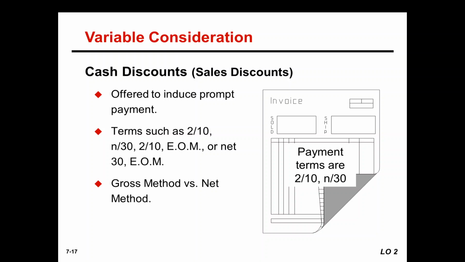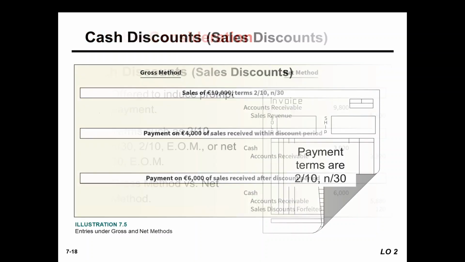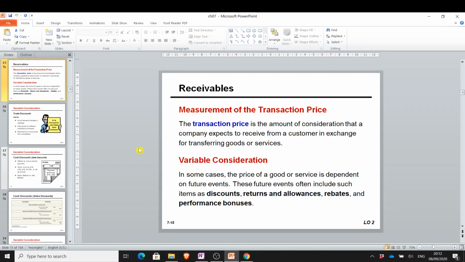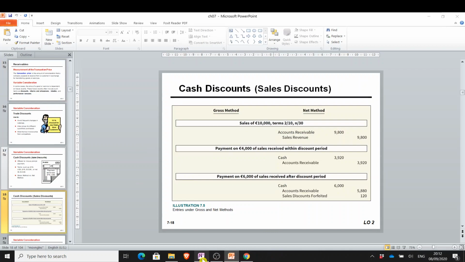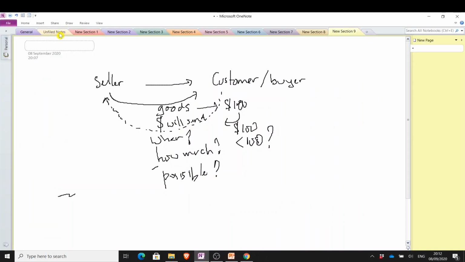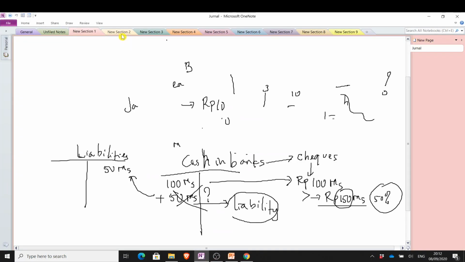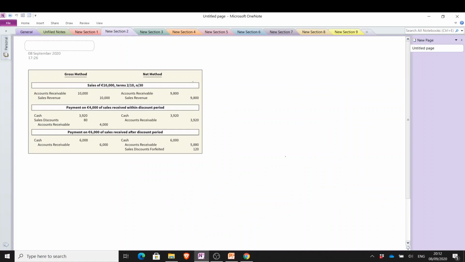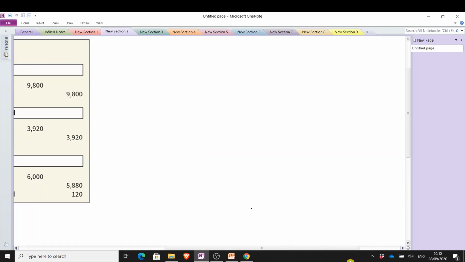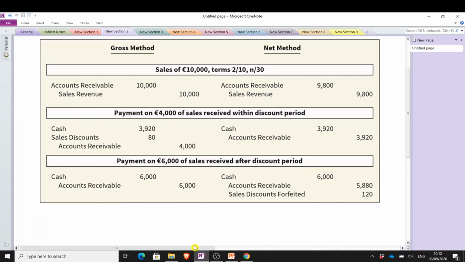There are two types of accounting here. The first one is the gross method and the second one is the net method. Let me show you these two methods here. So the gross method and the net method are different.